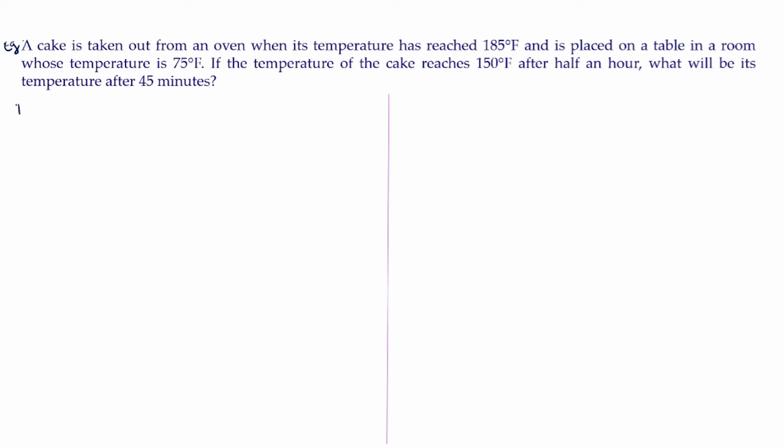So I just now derived the model. By Newton's law of cooling, we have T minus A equal to lambda into e raised to minus kt, where T is the temperature of the body and A is the room temperature.